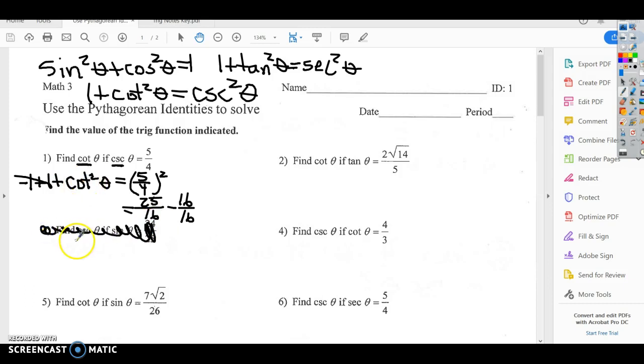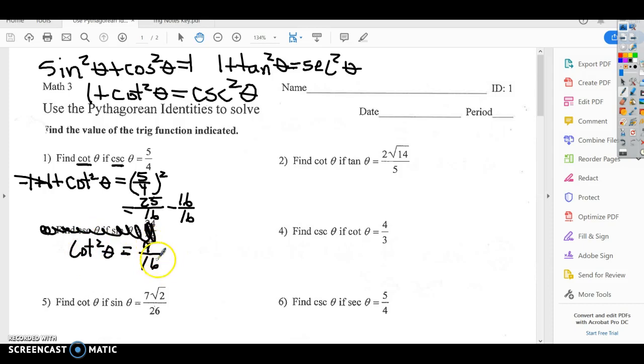So we're going to have cotangent squared of theta is equal to, now we have 25/16 minus 16/16. 25 minus 16 is 9/16. And I'm just going to leave that as a fraction because anything squared, we have to do the square root of that.